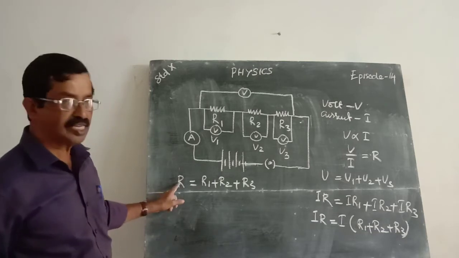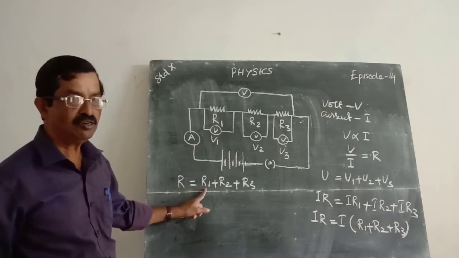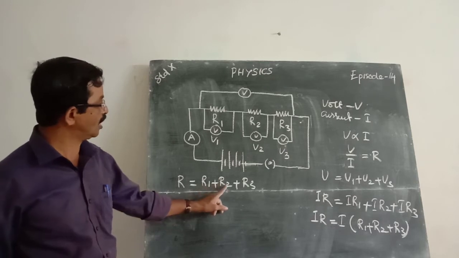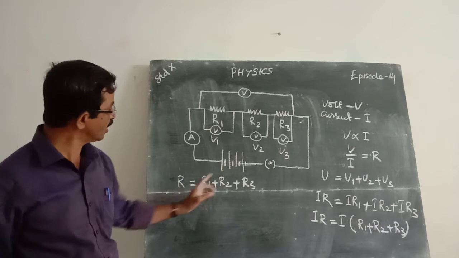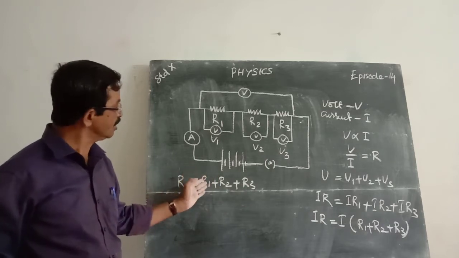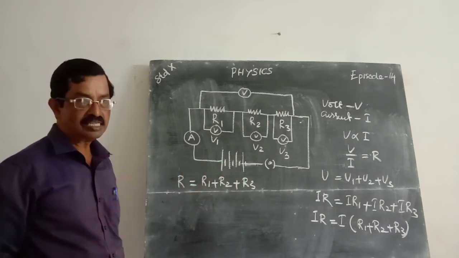Total resistance in the circuit R is equal to R1 plus R2 plus R3, which is greater than any of the resistances in the circuit.